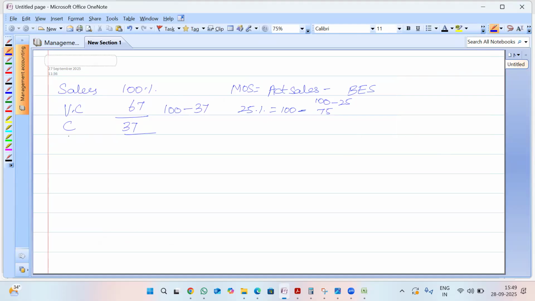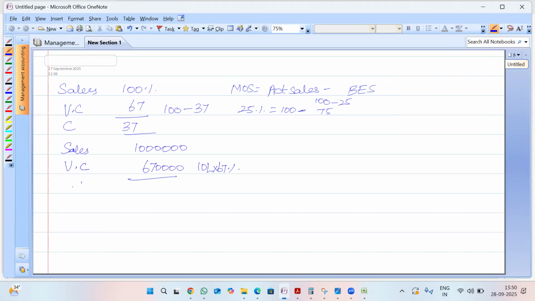So my sales is 10 lakhs, right? This is existing sales. So then my variable cost, how much I have calculated here, that is 67 percentage. So 10 lakhs into 67 percentage, I will be getting 6 lakh 70,000.